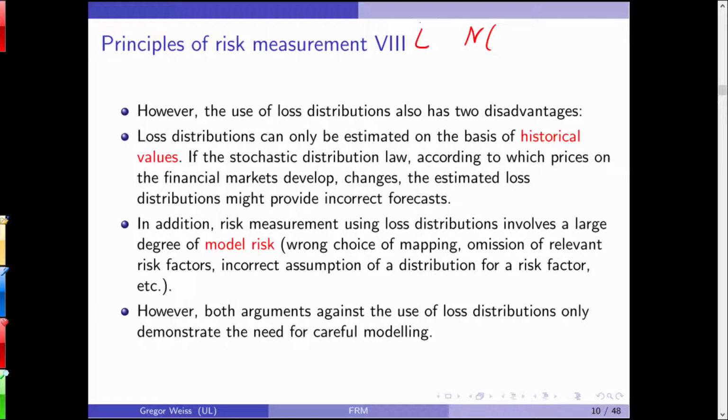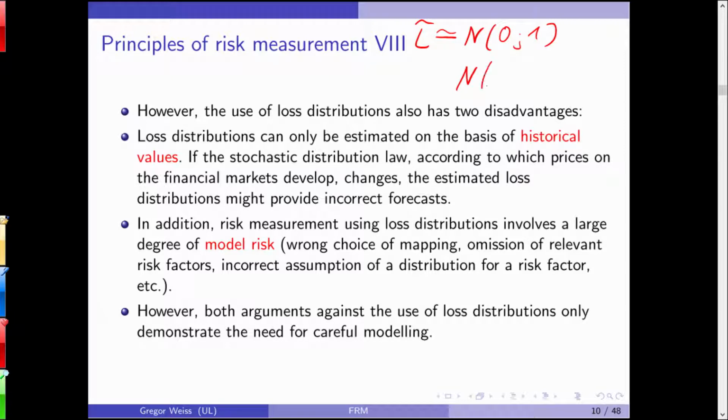If I were to say, okay, my losses are distributed according to a standard Gaussian distribution, this is an assumption I make. Why? I don't know. Could work.